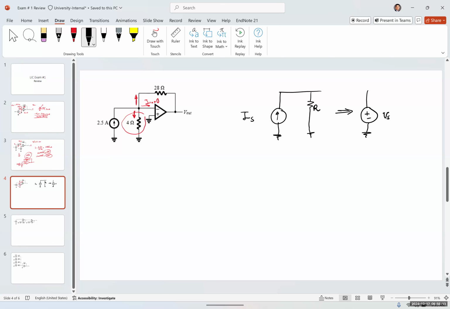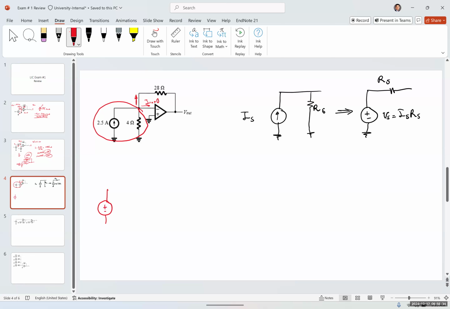You're going to have the same resistor, but now Vs would be Is Rs. So I can use source transform to transform this to a voltage source.